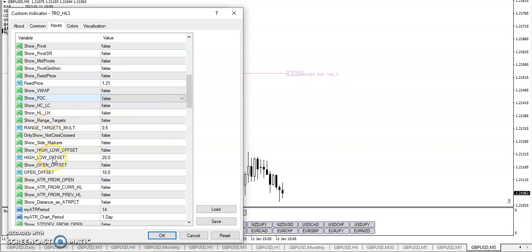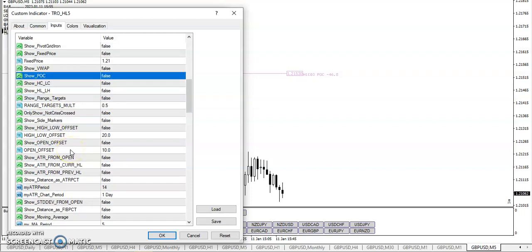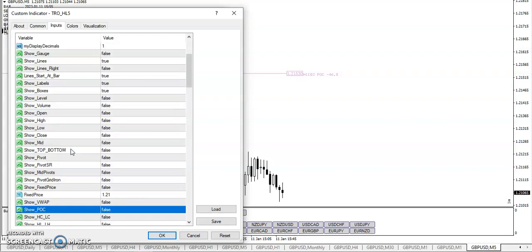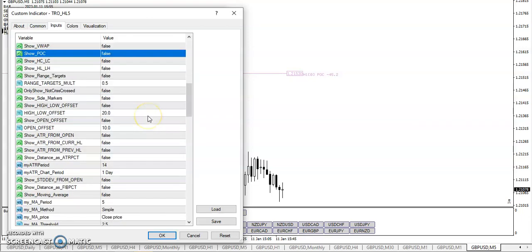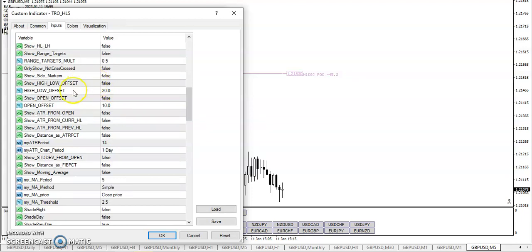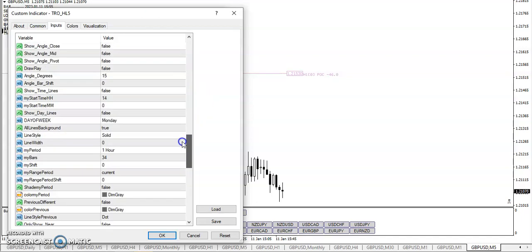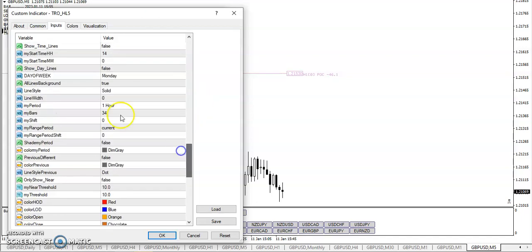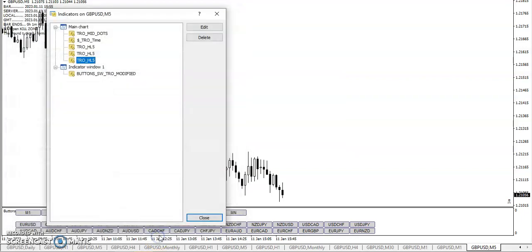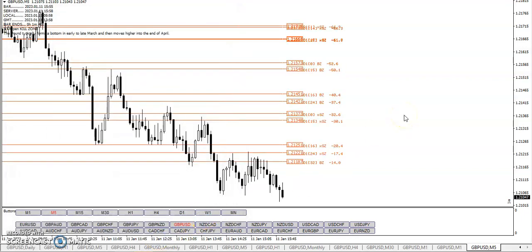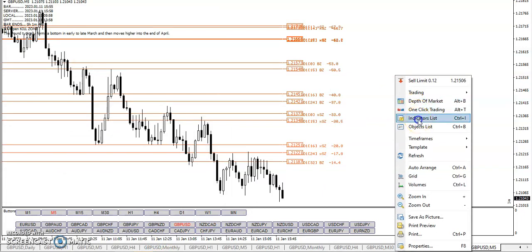Now, also, you can show the open offset 10 pips from, in this case, we have the H1 open. Normally, I do that on the day, and you know that recognize that as the buy zone.